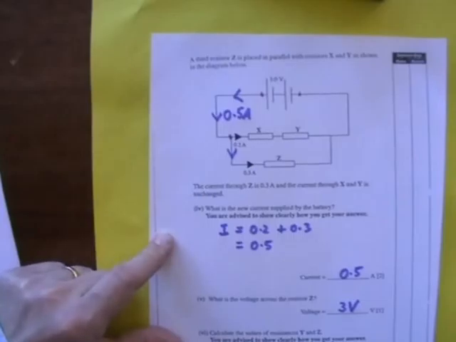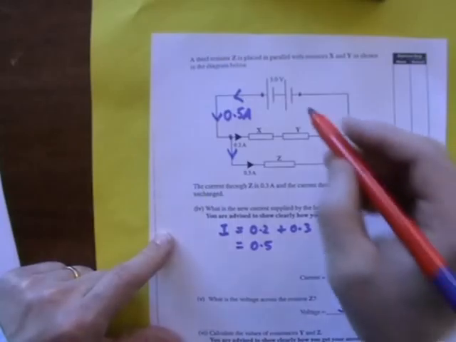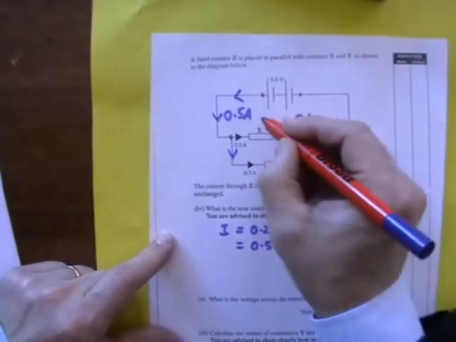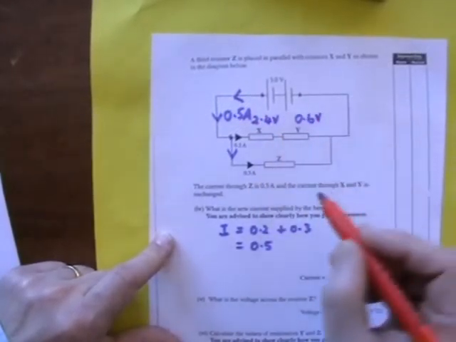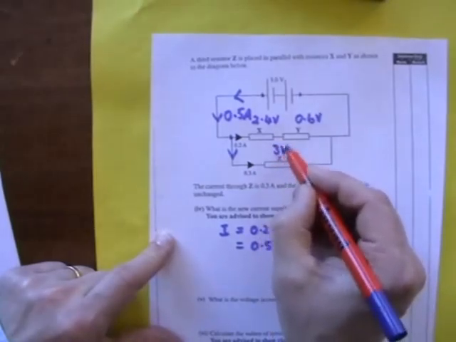Calculate the values of resistance Y and Z. Well, we know that Y has got a voltage of 0.6 across it. That was from the previous question. So we know this is 0.6 and we know this is 2.4 volts and 0.6 volts. We know that this has got 3 volts.